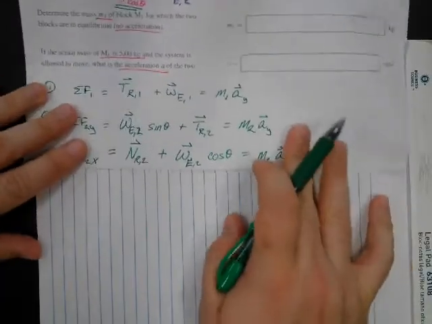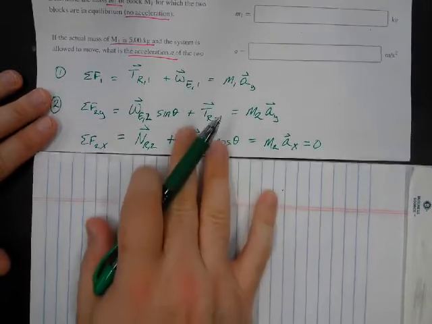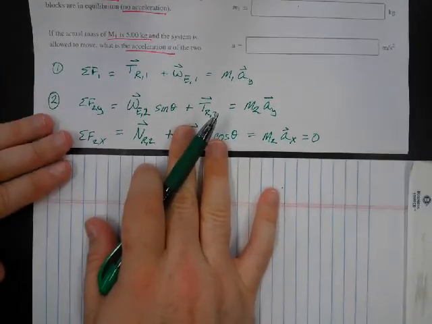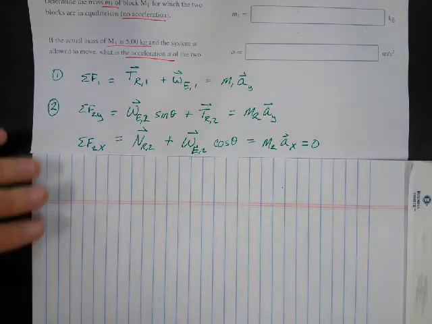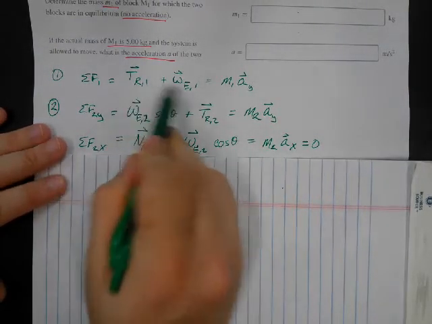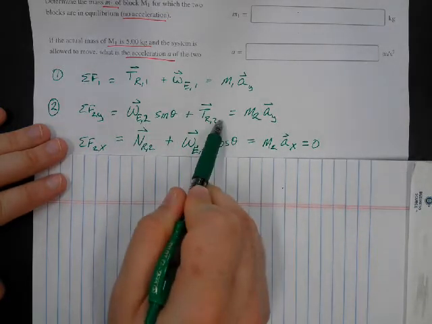So we can solve that. That's what we're going to do: solve these equations out. And what we're going to do is look for just the sizes of things. And then when we do this vector addition, we're just going to say one of these is in the positive direction, one of them is in the negative direction.